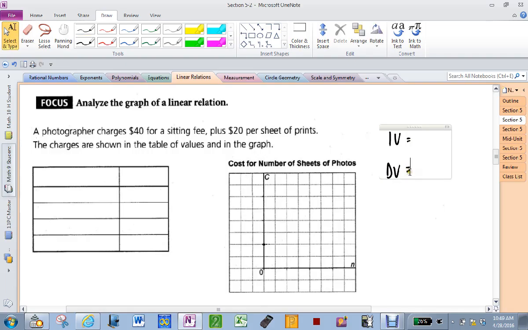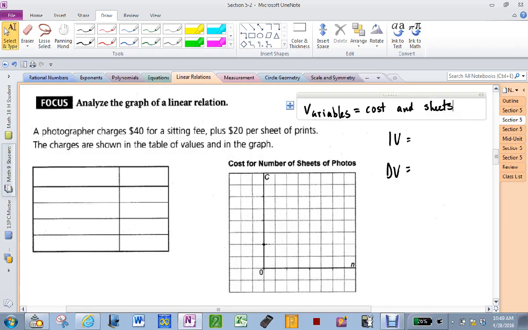What is the independent? First of all, what are the two things we're counting? Our variables are the two things that can change. They are cost, because depending, right? And the sheets, because Karina might order 10 sheets, Ashley might only order 2. So those are changeable values, aren't they?